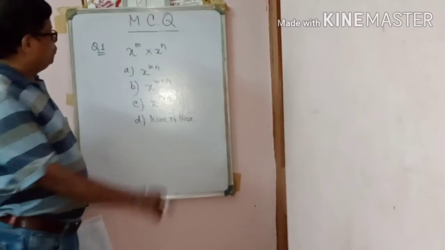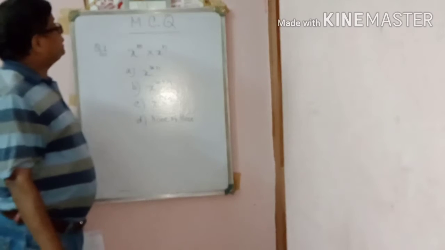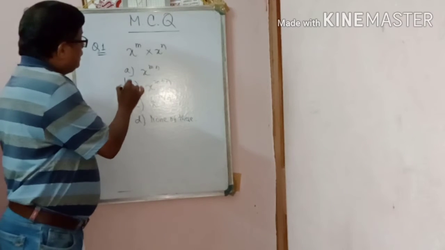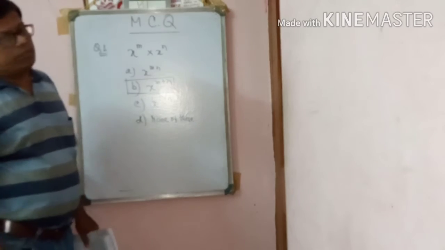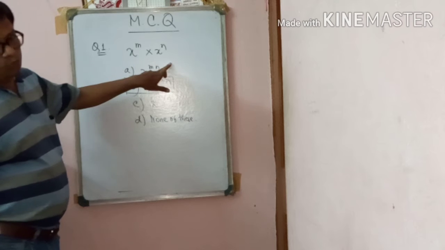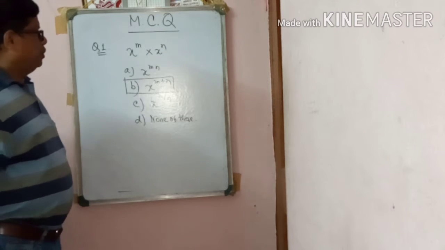All of you know, x to the power m into x to the power n will be x to the power m plus n. For multiplication we know the powers are added.